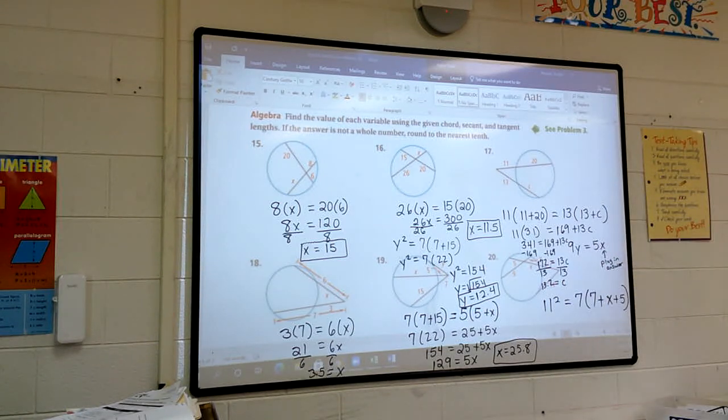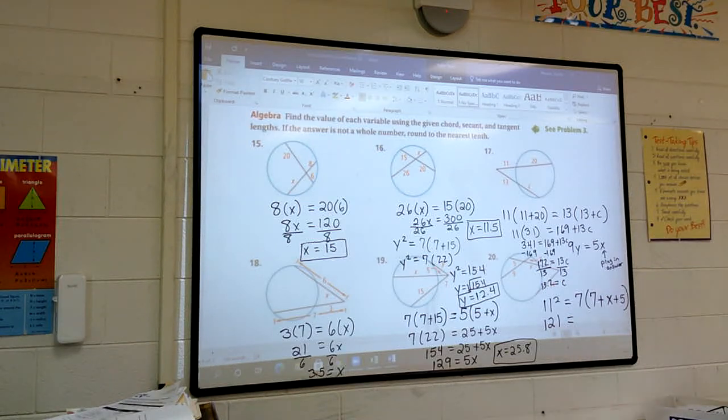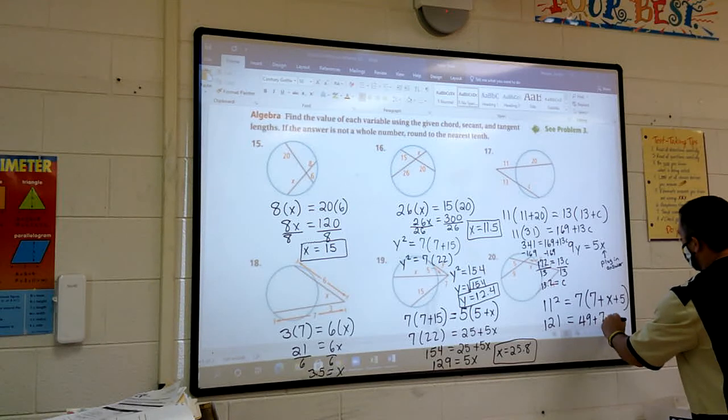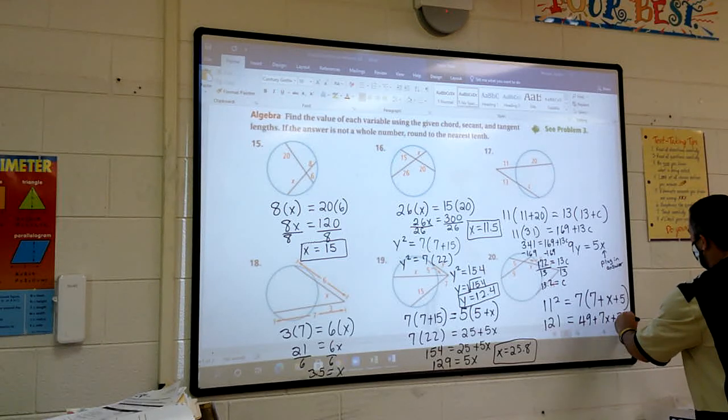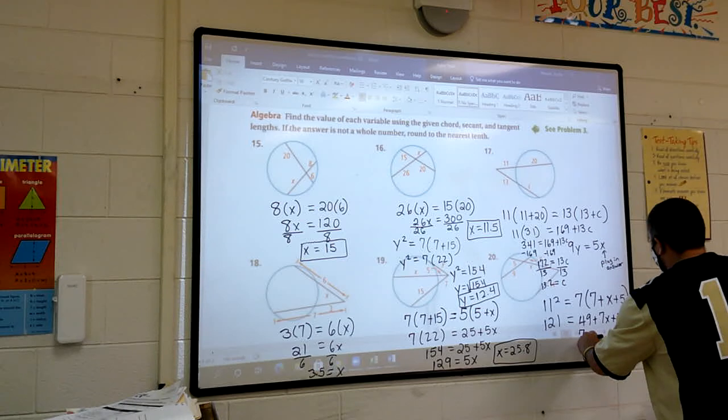11 squared is 121. Now look at this. Distribute the 7. 7 times 7 is 49. 7 times x is 7x. 7 times 5 is 35. So I distributed that 7 into everything. Now, I can add the 49 and 35 together. So that is 84.